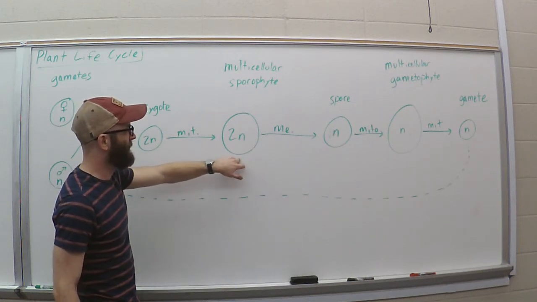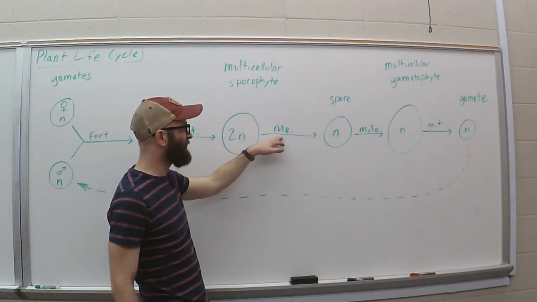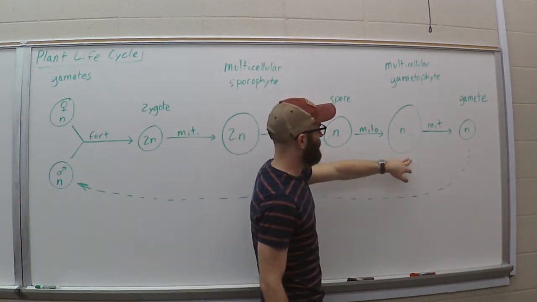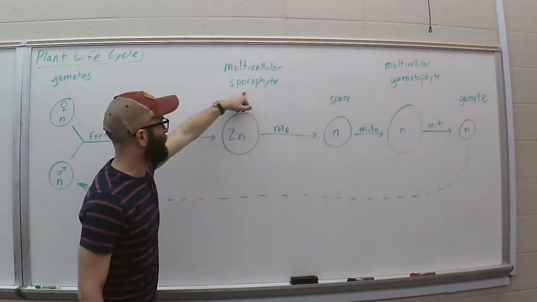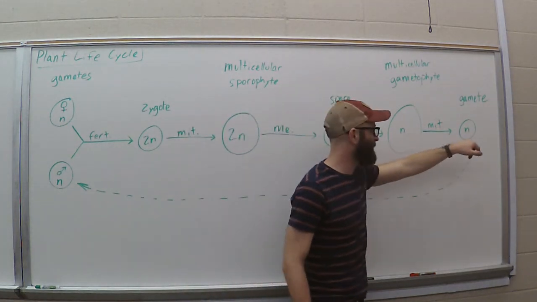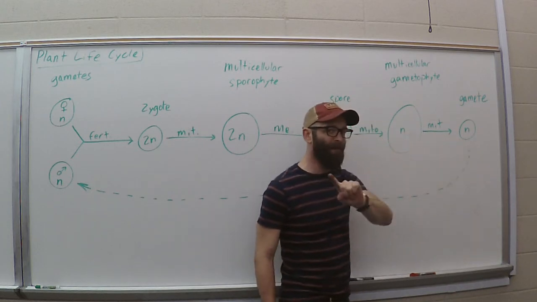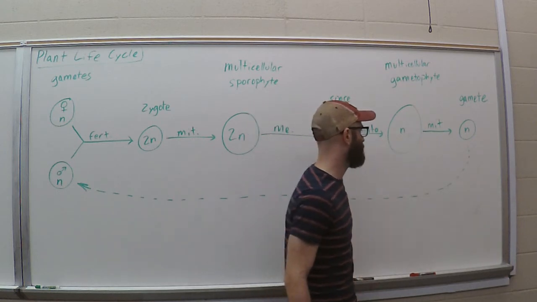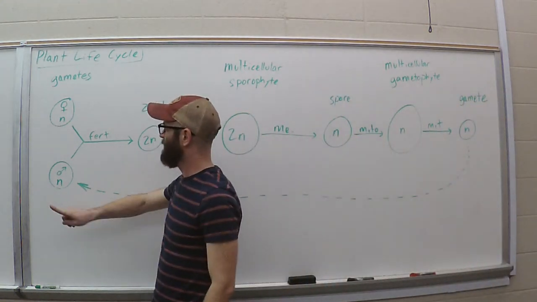And then that plant, some cells in that plant will go through meiosis to produce spores, and then the spores will grow up into a mature haploid individual called a gametophyte, right? Sporophytes are called sporophytes because they make spores. Gametophytes are called gametophytes because they make gametes. And gametophytes make gametes not by meiosis, but by mitosis because they're already haploid. And then those gametes can combine with another gamete.